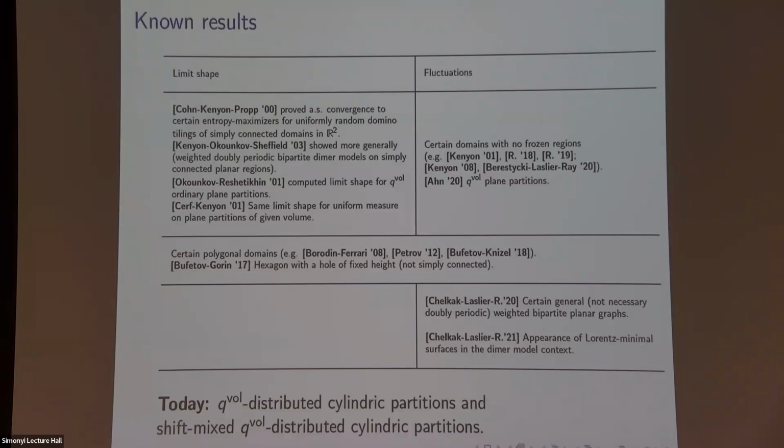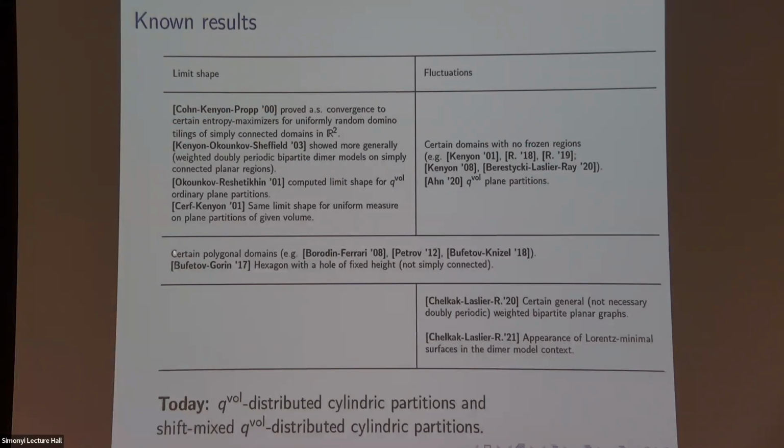As I said, it is known that the limit shape concentrates around a certain entropy maximizer. This is known for all biperiodic graphs with biperiodic weights. And there are some results for some special types of domains, very special combinatorial shapes of discrete domains, where people know how to compute both the limit shape and fluctuations.